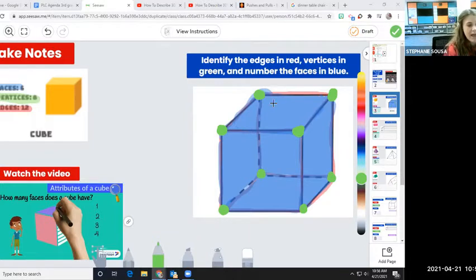So we have 8 total vertices. Are there any questions about faces, edges, and vertices right now?